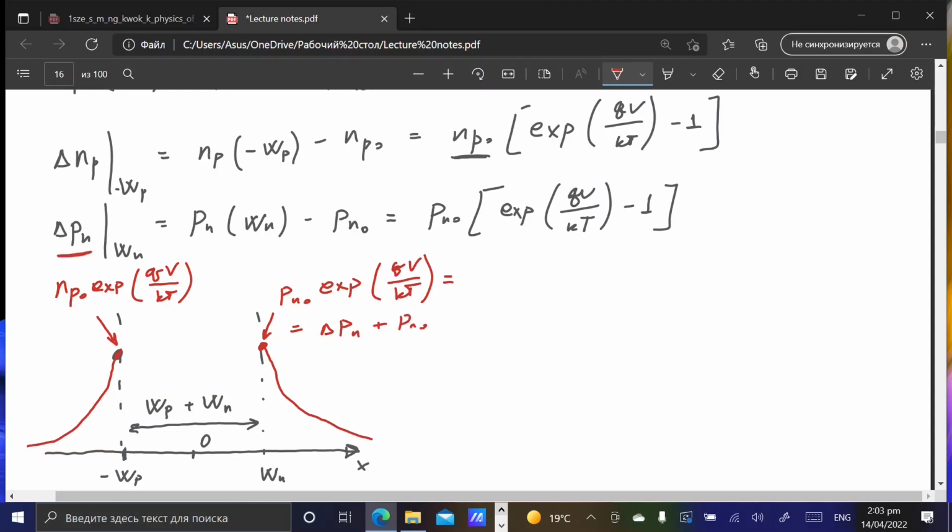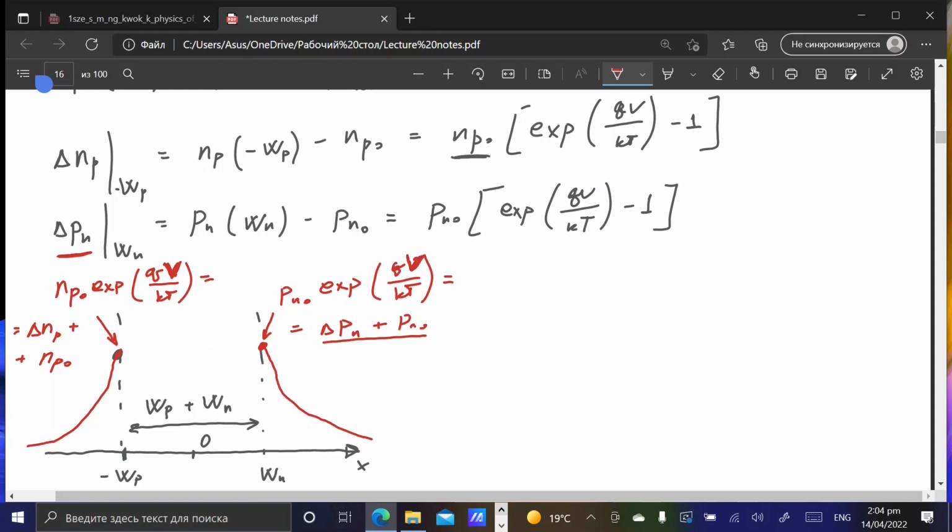So this delta Pn, which we determined just there. So it means that we have total concentration of minority charge carriers. And the same here, it will be delta Np plus Np naught. So that is already known, and what is the key here is known in terms of applied bias to the PN junction. So here we have this V.